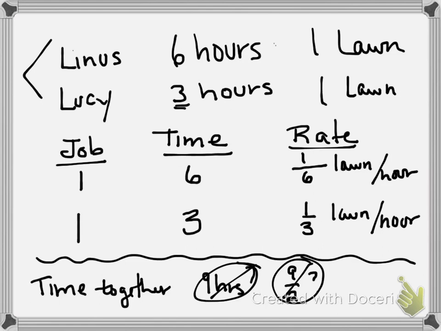I like this idea of setting it up in a table, and then I add their two rates, and I get their rate working together, and then I can figure out the time by taking the reciprocal of that. Now use this idea to answer the video questions.